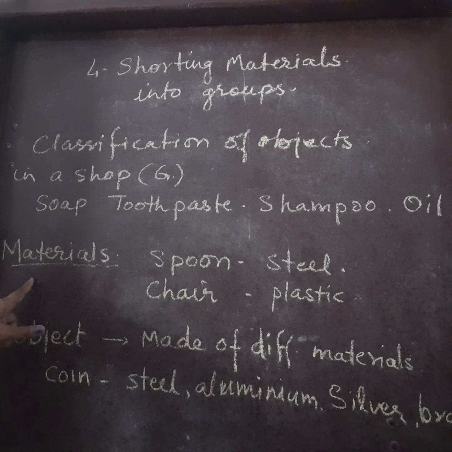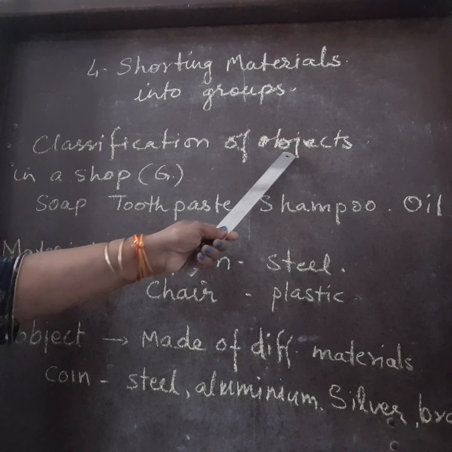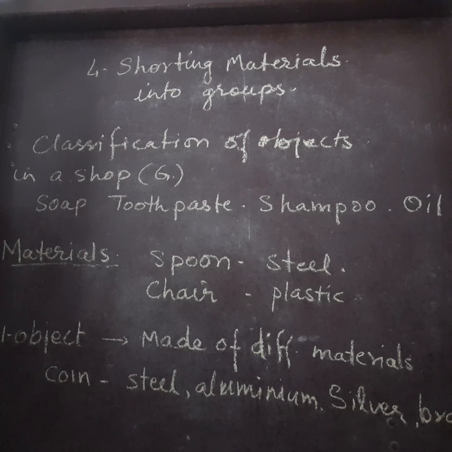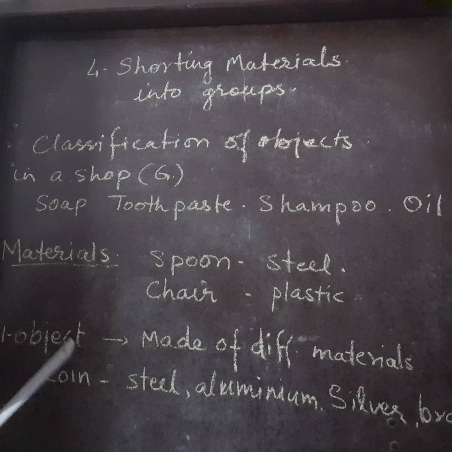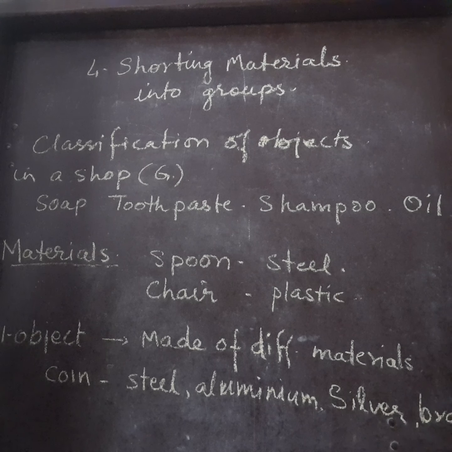Now next we come to the materials. Actually, first I want to tell you about object. All the things that you can touch, you can see, you can use, all those things are called objects. And now next we come to materials. Materials means any object that is made up of something. Something is used to make that object.